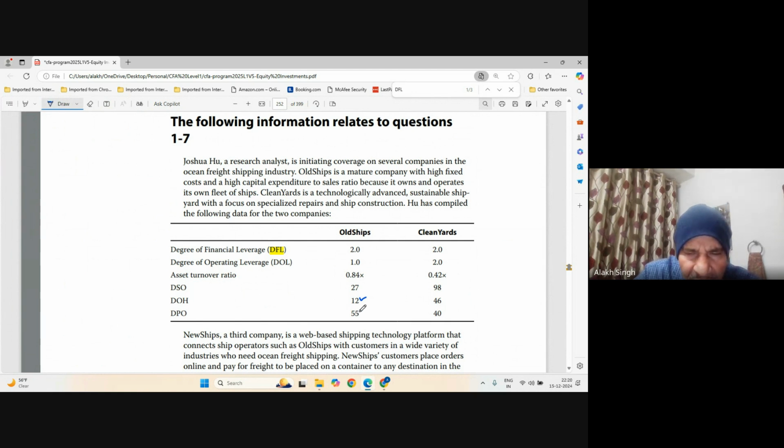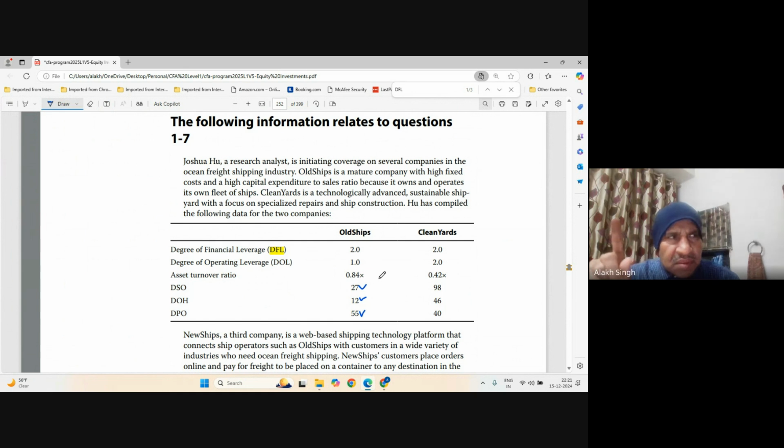So this one is also better, and this one is also much better because with days sales outstanding you are receiving cash very quickly, and with days payable outstanding you are not paying them quickly. So like Apple. And asset turnover, yes, okay.